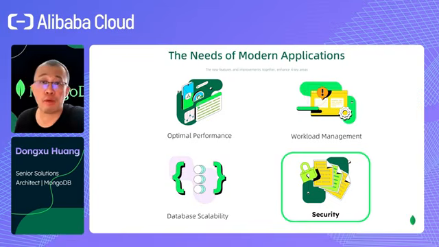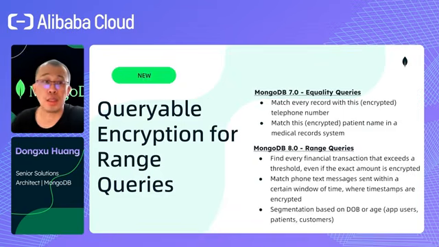And the last area I want to talk about is security. In MongoDB version 7, we released queryable encryption for equality queries. Now, what is exciting is that we are going to have support for range queries on encrypted fields, especially for number data types or date data types.